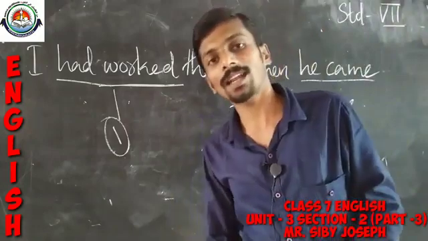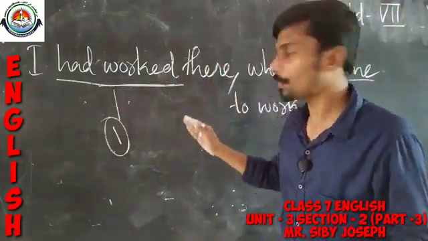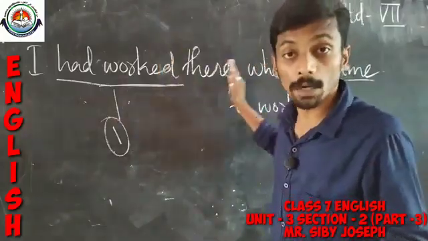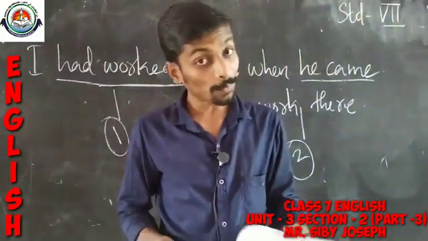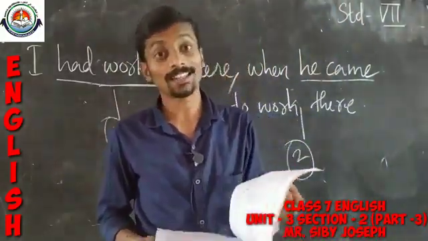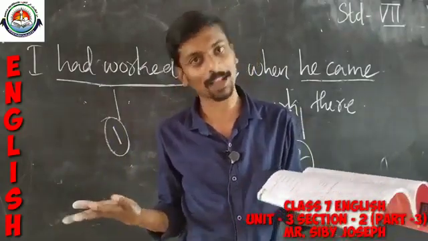In that way you can easily identify the difference between the use of simple past and past perfect in a sentence. Okay, now it's your time. I have explained everything.